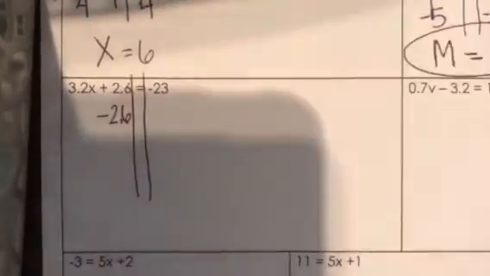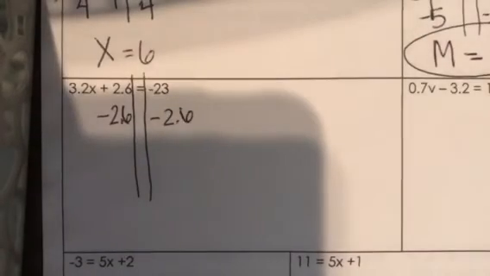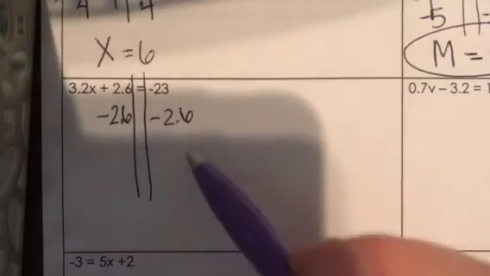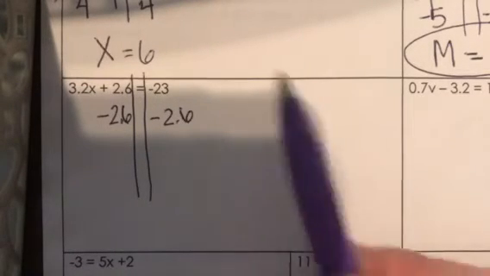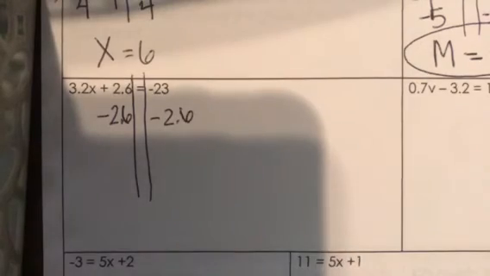Guys, the opposite of adding 2.6 would be to subtract 2.6. Subtract 2.6 on this side. An issue that I'm seeing is people are trying to go really quickly and they're subtracting them without a calculator. And they're not thinking about their integer rules. Guys, check yourself with a calculator.